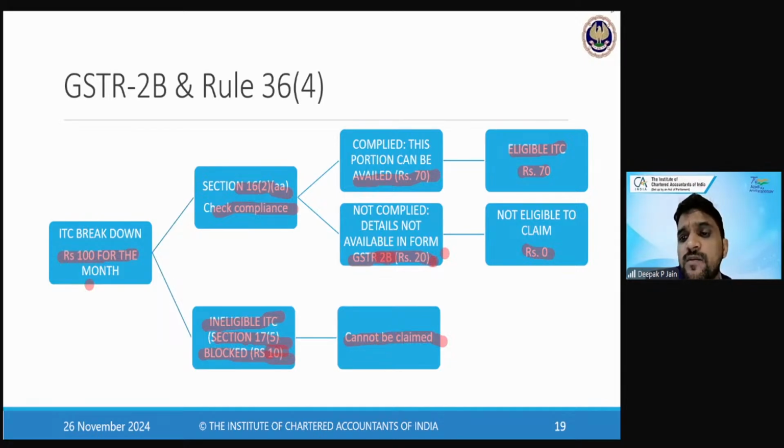Vinuta, your question is job work claim ITC or not? How can job work claim the ITC? Job work के लिए goods you are giving. So it is your goods which is going to the job worker and coming back. Correct? So how can the job work claim the credit?